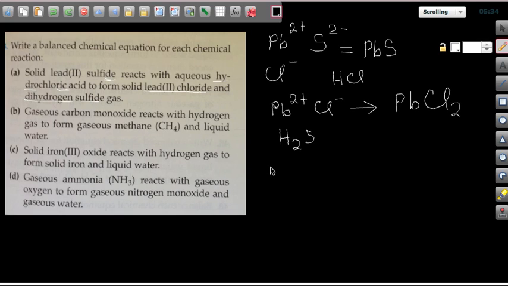So lead sulfide is PbS plus, and it's told solid, so we have to say solid here. HCl is aqueous, so we're going to have to say aqueous. And it produces lead chloride.